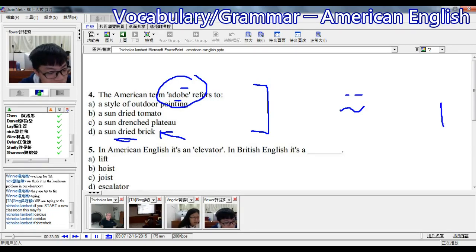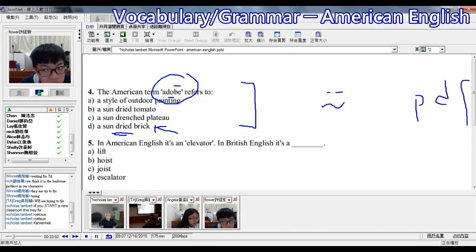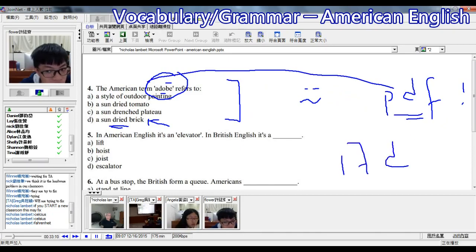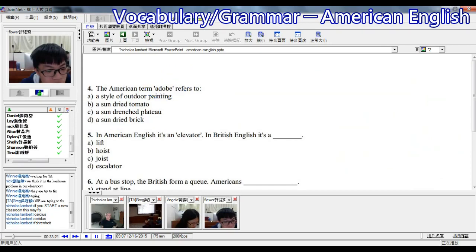Yeah. Normally Adobe to me means PDF. You know Adobe in English? You know the software? Yeah, I know. Yeah, well, most of our PDFs are controlled by Adobe. It's changing, but very expensive.